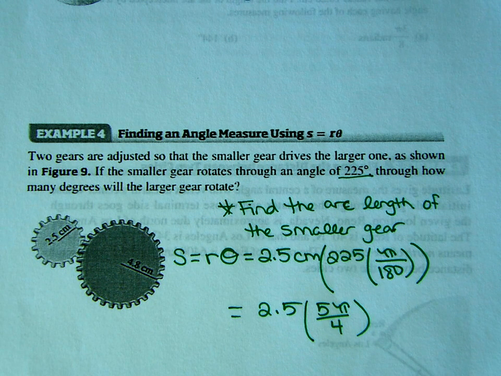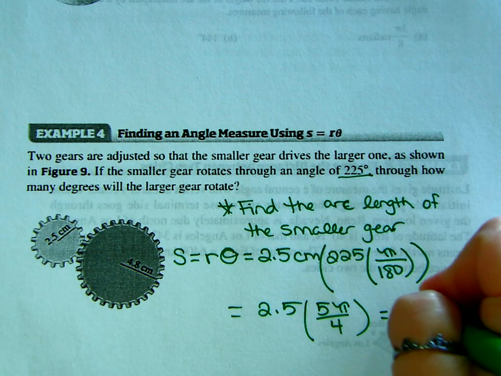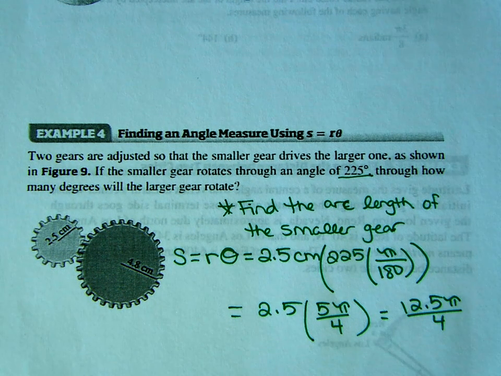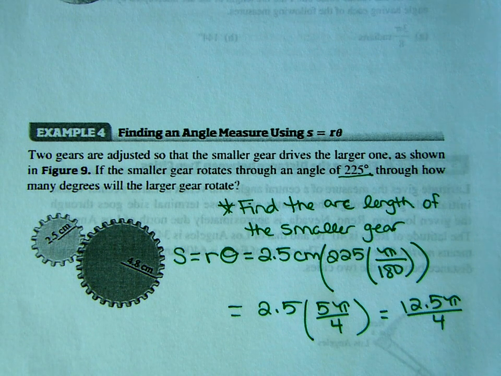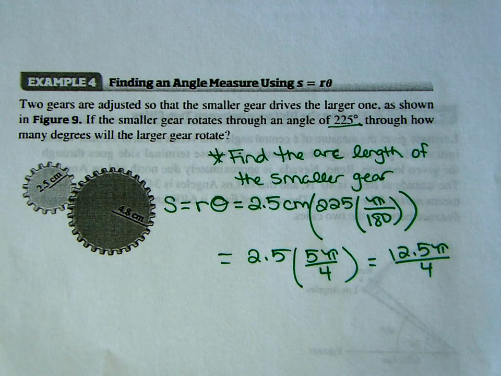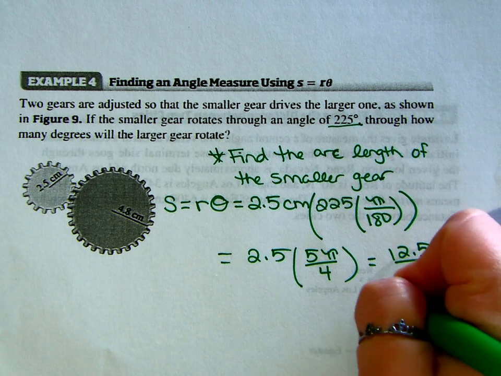And if we multiply 2.5 by 5, we get 12.5 pi over 4. Now, we never like decimals inside of fractions because that's just doubly gross. So if we double both the top and the bottom, though, we will get rid of that decimal to where we have 25 pi over 8.